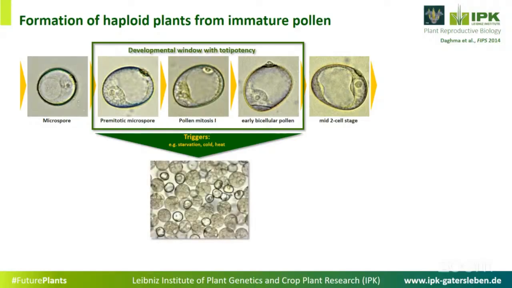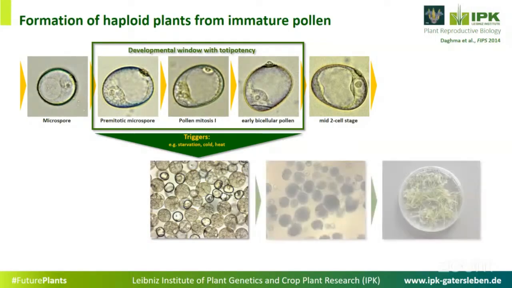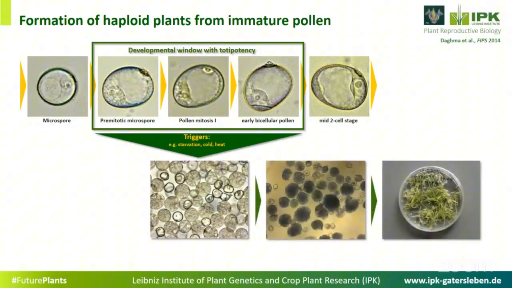What you see here is the picture from the former slide where you have these microspores which have already undergone intense cell division. And when this development goes on, we get kind of microcalli.